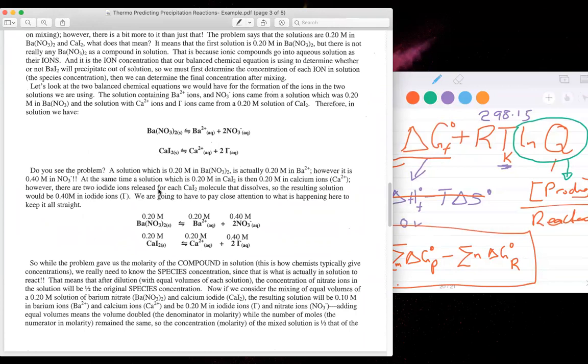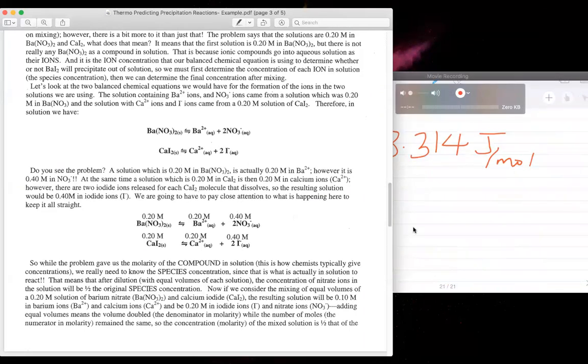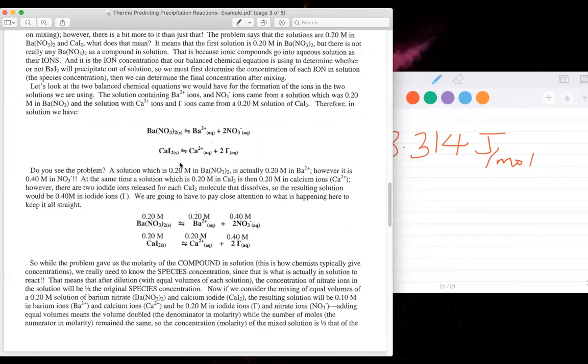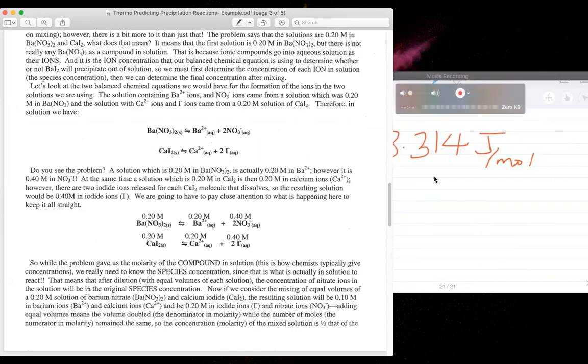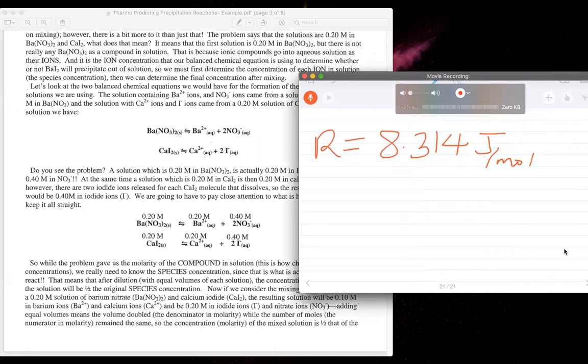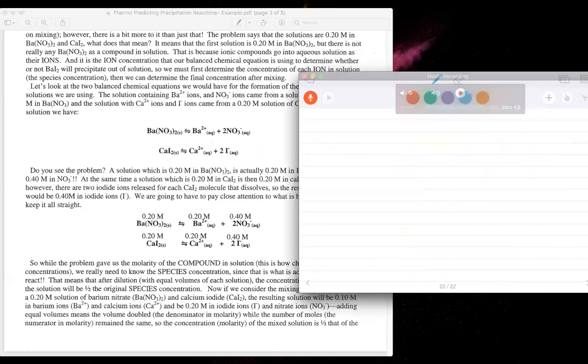On my iPad, assuming you have barium nitrate and calcium iodide, which one will be our precipitate? It is a double replacement reaction. So let me draw a diagram right here.